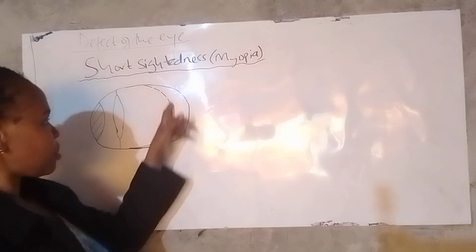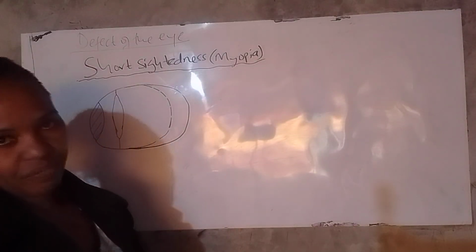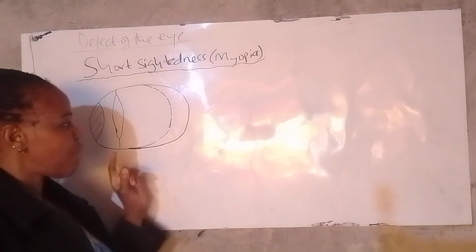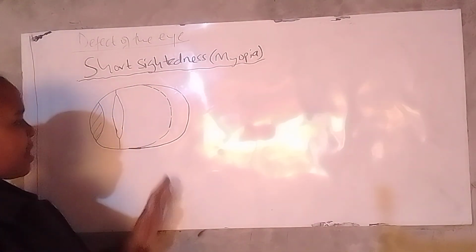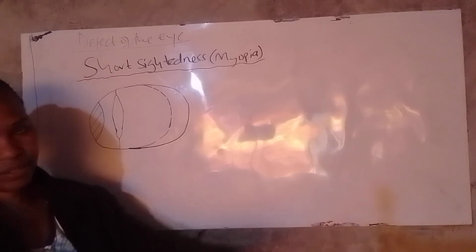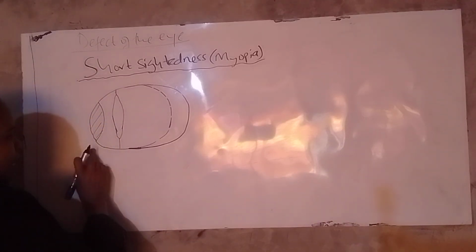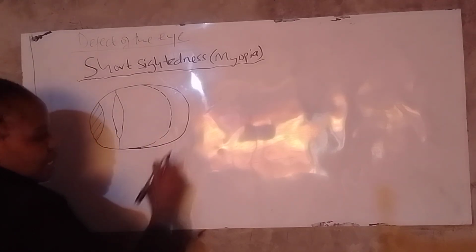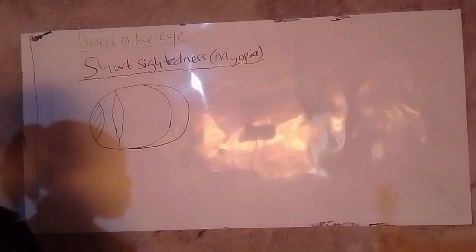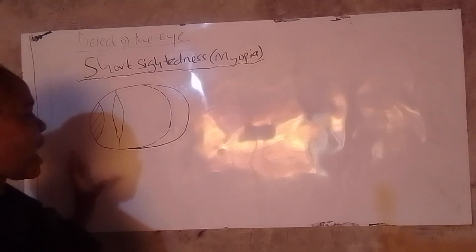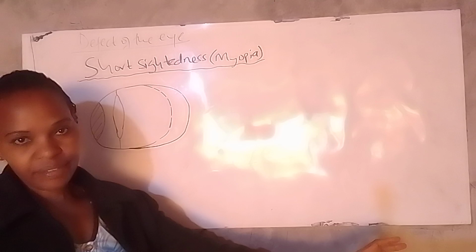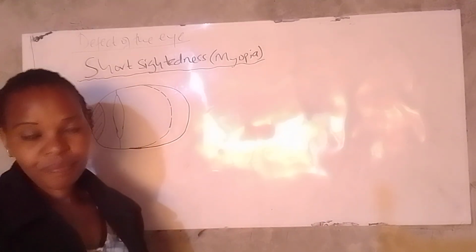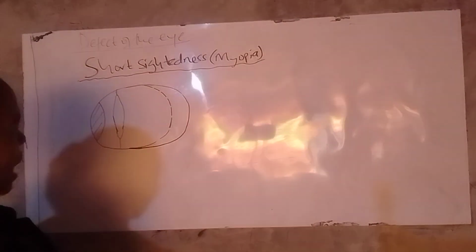But for an eye that is short-sighted, the eyeball is longer. So instead of the distance being from the cornea to this point, it is from the cornea to that point. So this person is short-sighted, courtesy of the eyeball being longer than the eyeball of an eye which has no defect.